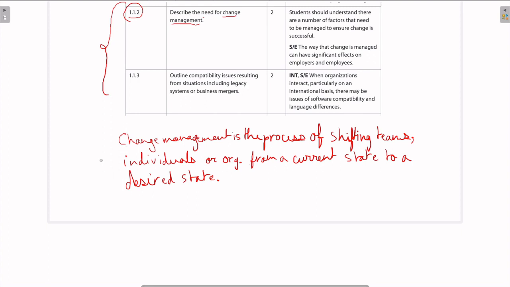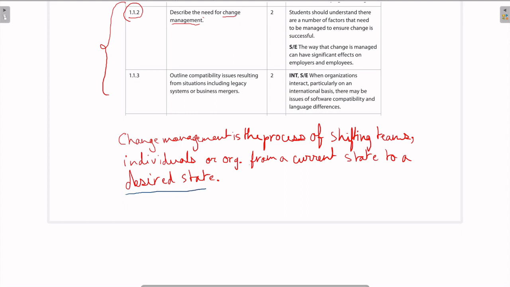So essentially, the way change management occurs is that you have some change that you're implementing. You're bringing some change to your system, your computer system, or your work environment. And when you introduce this new change, you must manage it in some way. Along with that change, you must bring some reforms, such that you can shift the teams, individuals, organizations, groups, your human resources from the present state to this desired state.